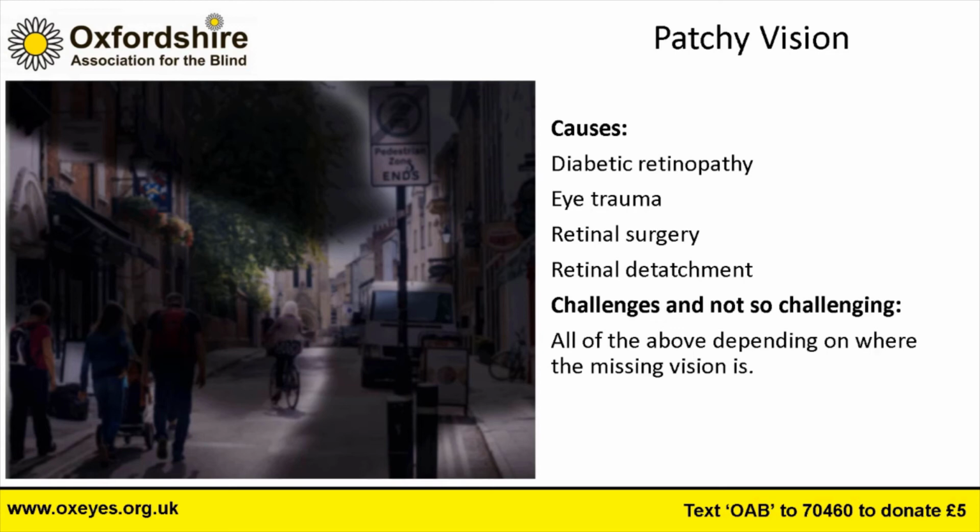Challenging and not so challenging, we've put on here all of the above, just depending on where the patches are. So if they're on the peripheral vision, generally when they're doing laser, they try to laser the retina to the sides of the vision to preserve that central vision, but that's not always possible. So it depends on where the patches are.